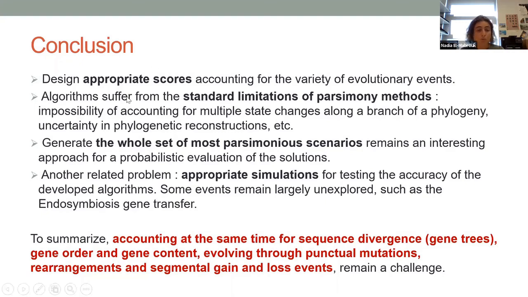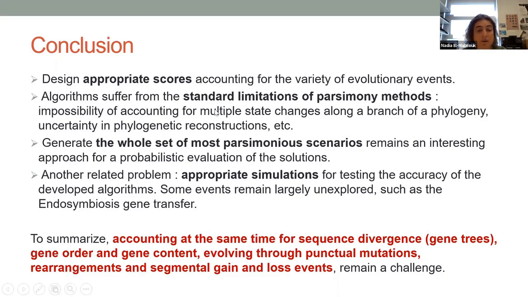Also, an overall statistical framework for evaluating evolutionary hypotheses would surely be better than a heuristic outputting a single solution with no measure of reliability.